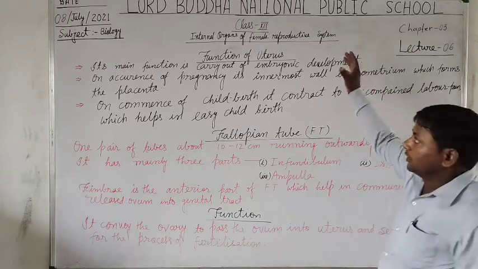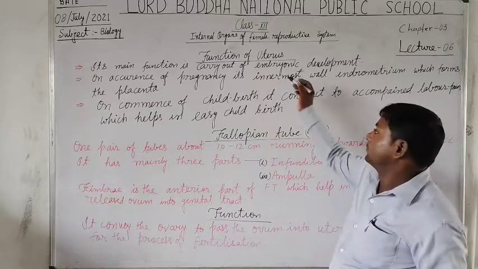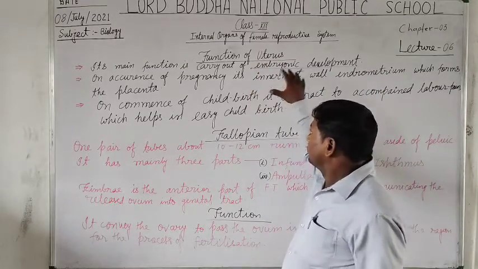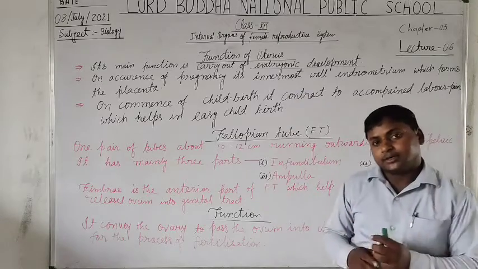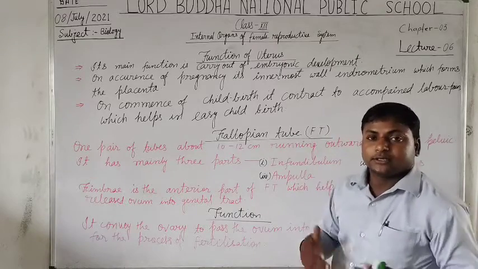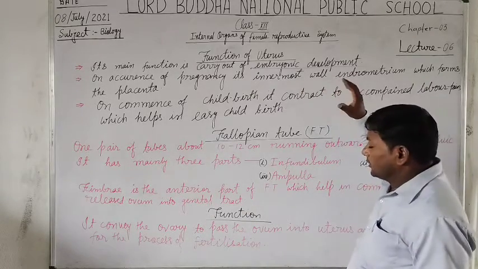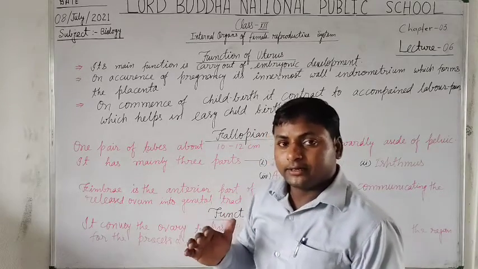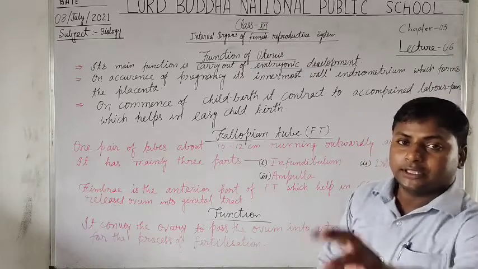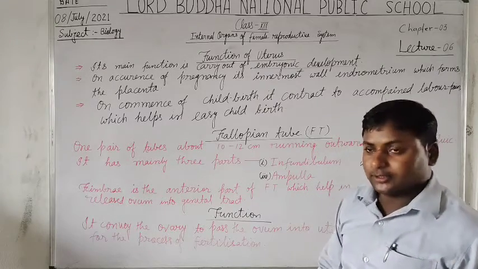Now students, function of the uterus. Yes, its main function is to carry out embryonic development, because in the uterus pregnancy occurs, and its innermost wall, after pregnancy, forms the placental wall, in which the fetus is fed with the help of the mother.